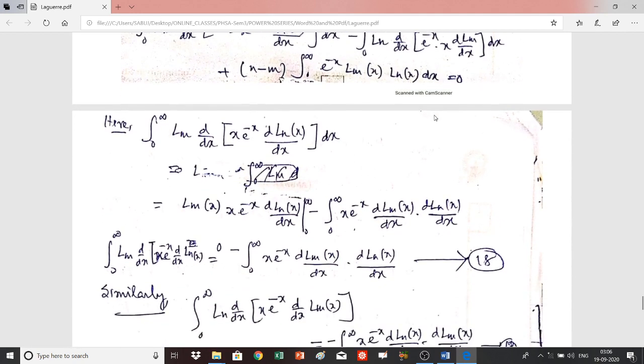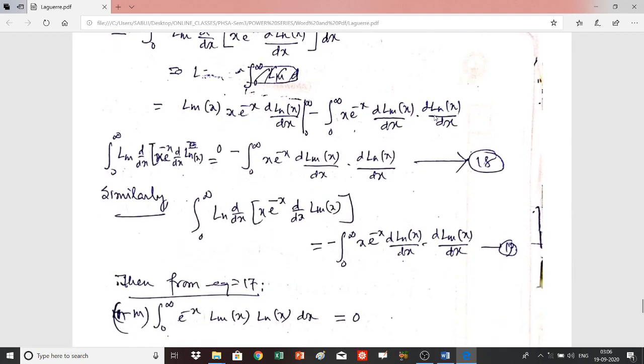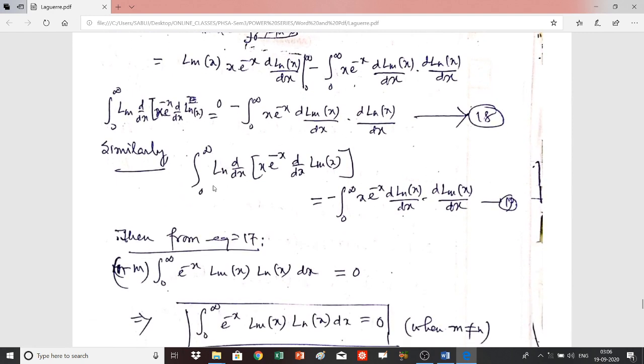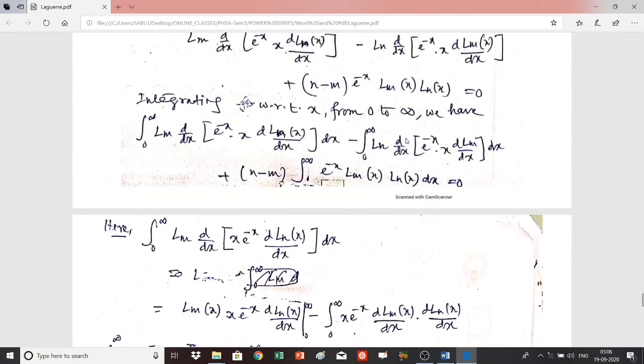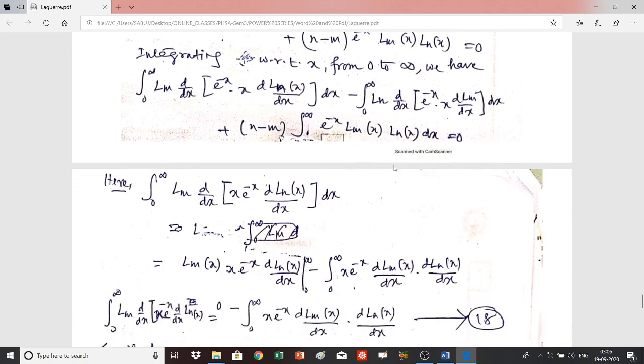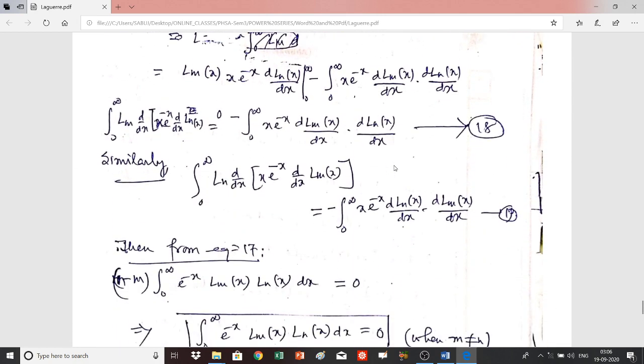So this is written here in a similar manner, the integral from 0 to infinity of Ln d/dx of x e^(-x) d/dx Ln x. That is present in that expression and will be minus the integral from 0 to infinity of x e^(-x) dLn/dx dLn/dx dx, that is equation number 19.